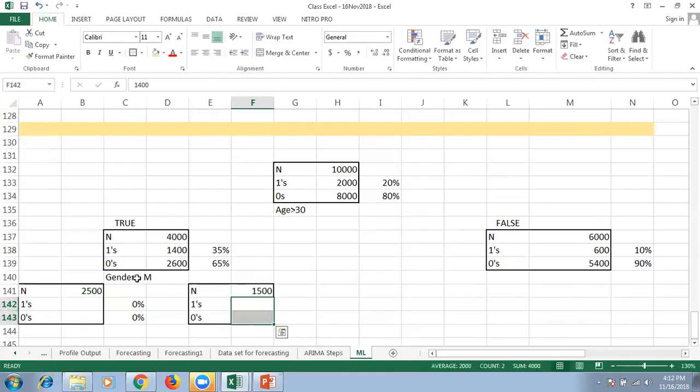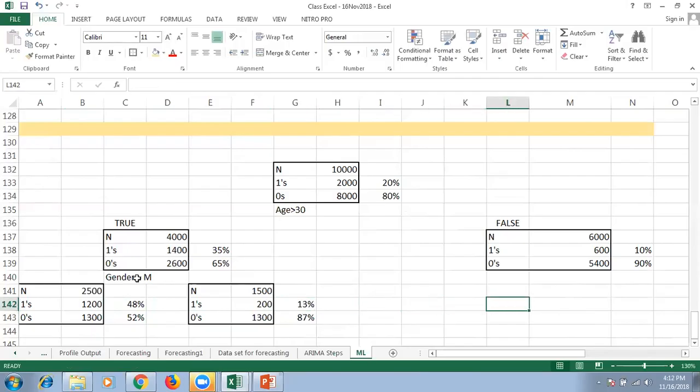Out of these 2,500 male customers, maybe 1,200 customers are ones, and 1,300 customers are zeros. And here also 1,300 customers and 200 customers. If I look at the bad percentage and good percentage, you can see that 87% of customers are good customers, and only 13% are bad customers.